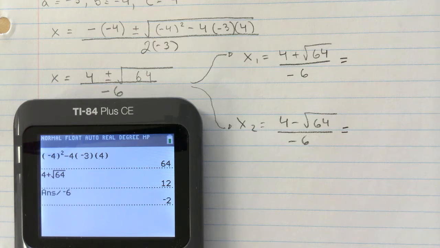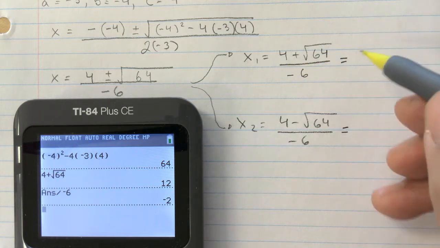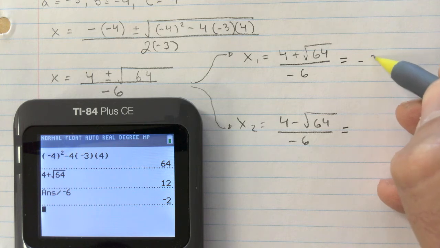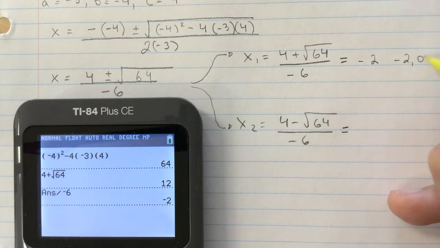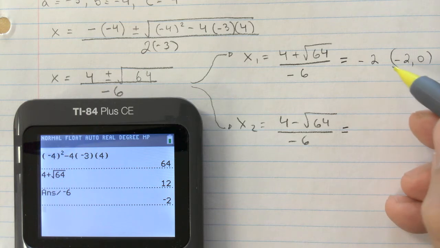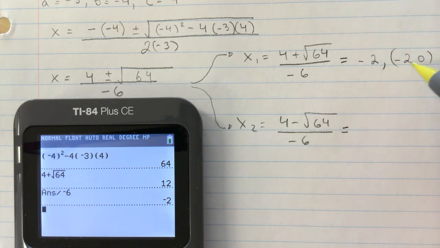Don't forget to divide. I see a lot of students just go, oh, the answer is 12, right? And this would actually be negative 2. So you have found that the first x-intercept is negative 2. So it's negative 2, 0. That's the first x-intercept. So let's put a comma there. Right, therefore it's negative 2, 0.